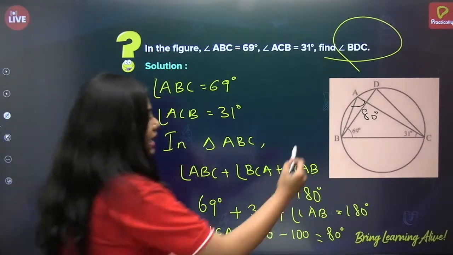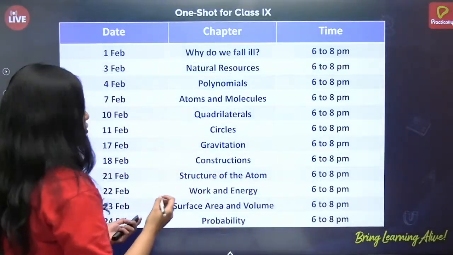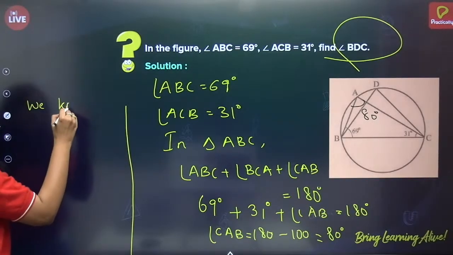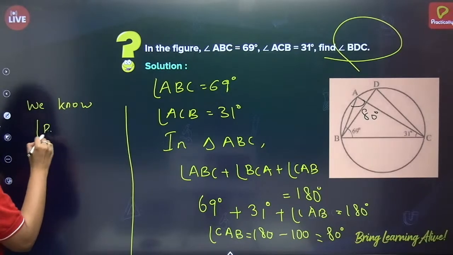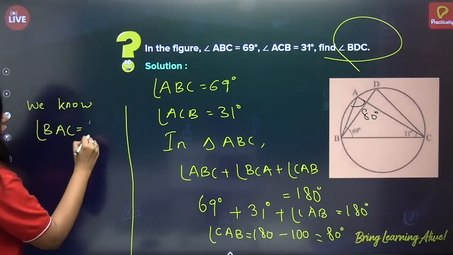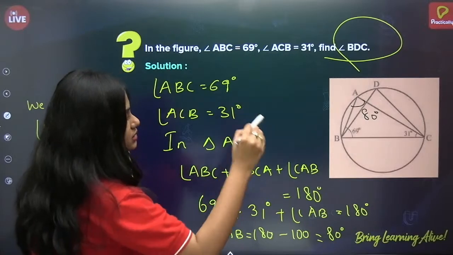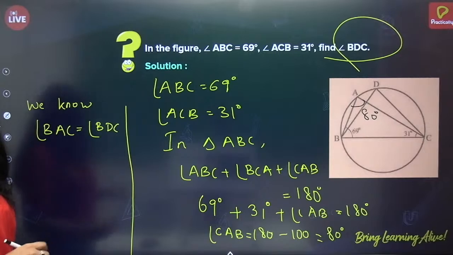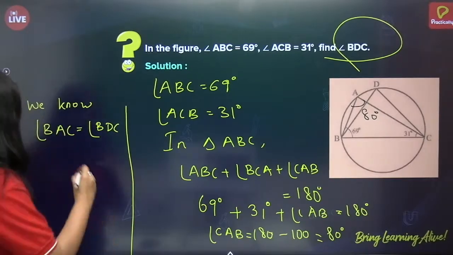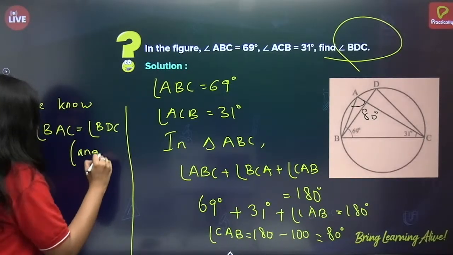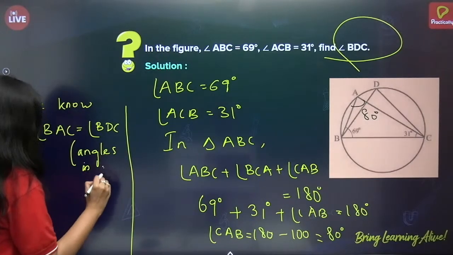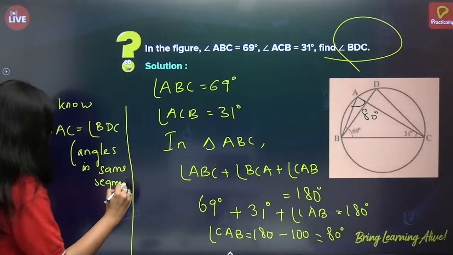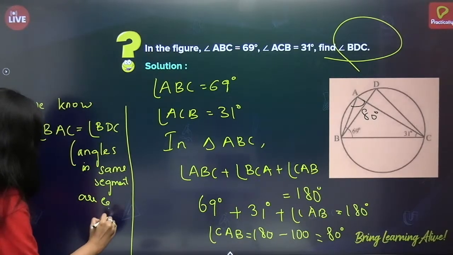We know that angle BAC is equal to angle CDB, or BDC. Why? Angles in the same segment are equal.